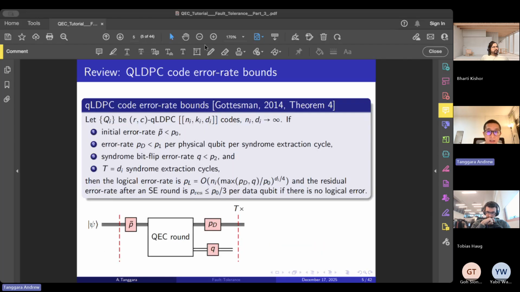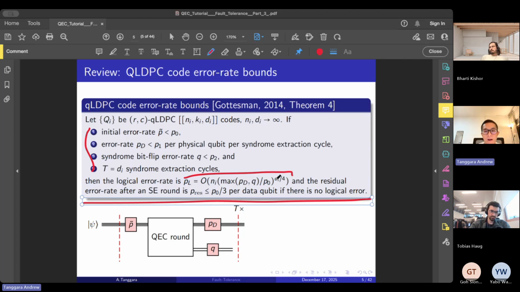This is one key theorem that we want to use in the proof. If our QLDPC code satisfies these 4 conditions, then the logical error rate is going to be that. Basically, it's suppressed exponentially in the distance of the code, and the residual error in this stochastic model is that.